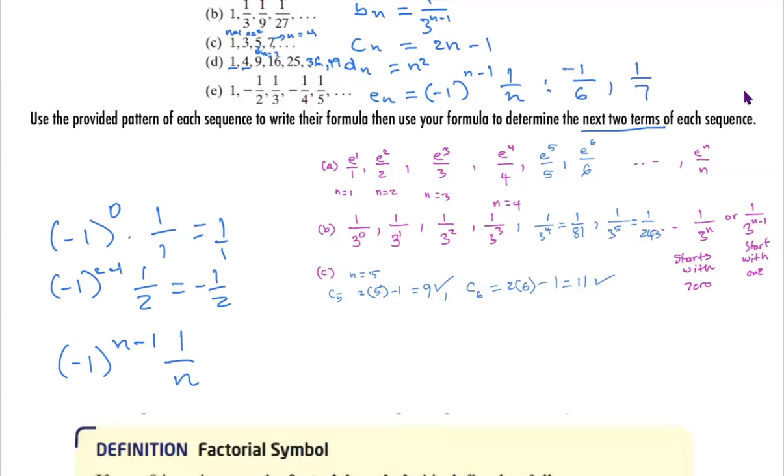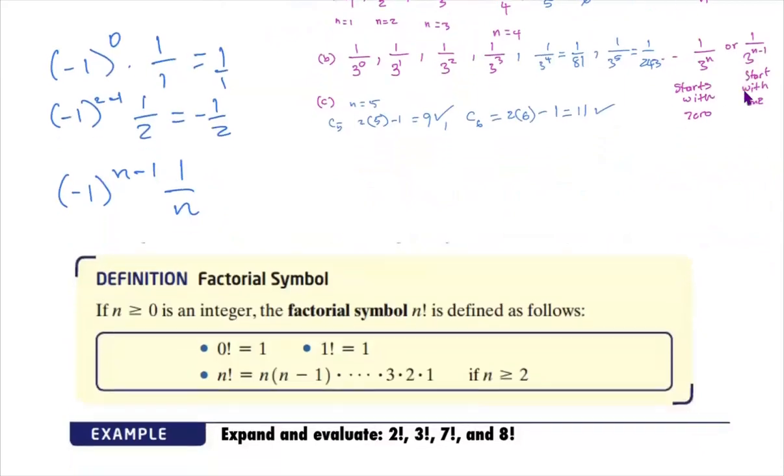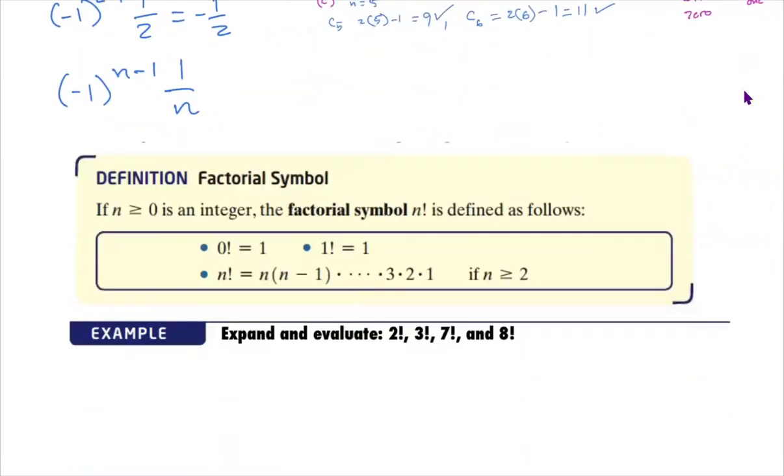Okay, now let's talk about the factorial symbol. The factorial symbol is, by definition, for n a positive number or 0, the symbol n factorial, the n with the exclamation point.